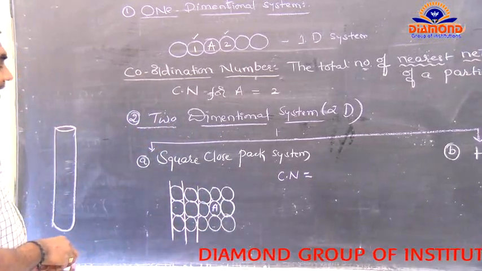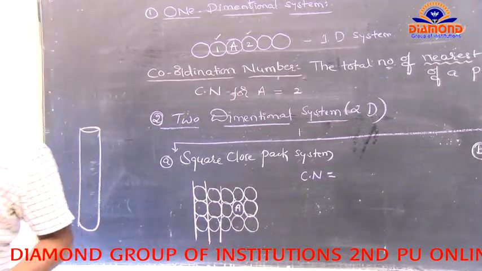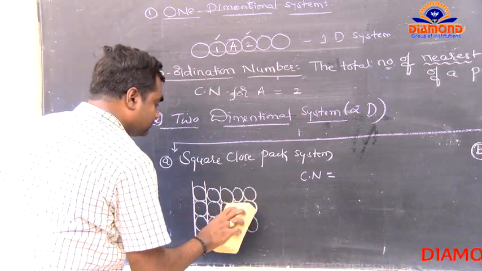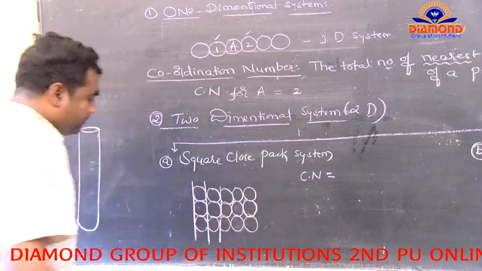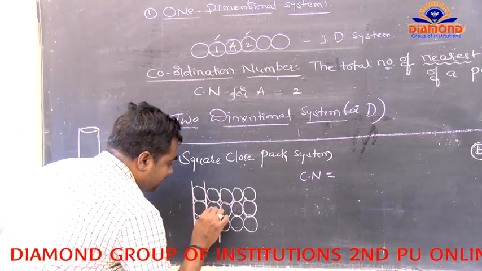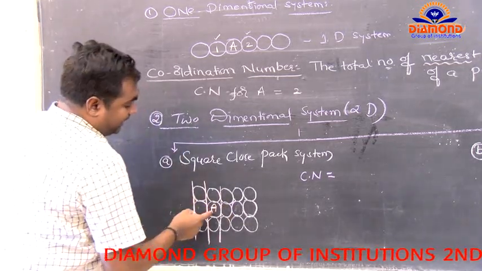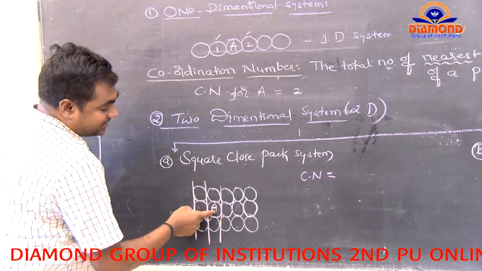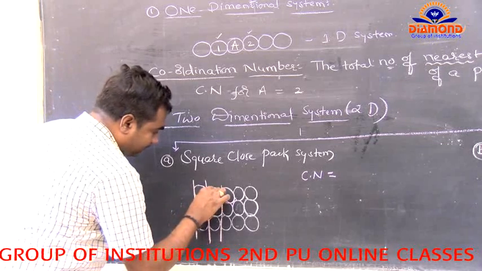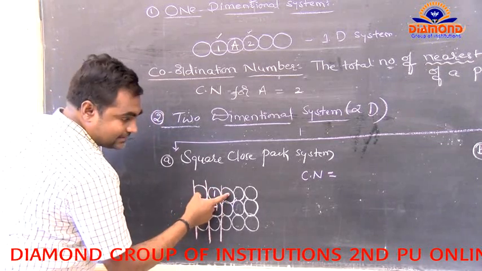Now, how many atoms get attached to that? If we choose any atom, A, how many atoms are attached to this particular atom? Here is one, it touches this atom. Next, it does not touch.